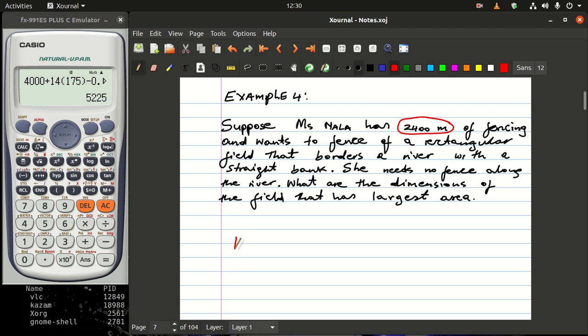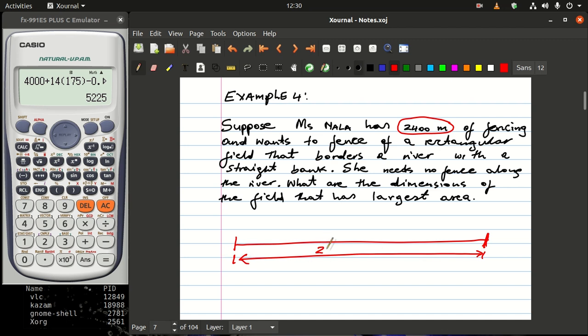So Miss Nala has a wire this long. So this is how long the wire is. From this point to that point, the length of this wire is 2,400 meters.